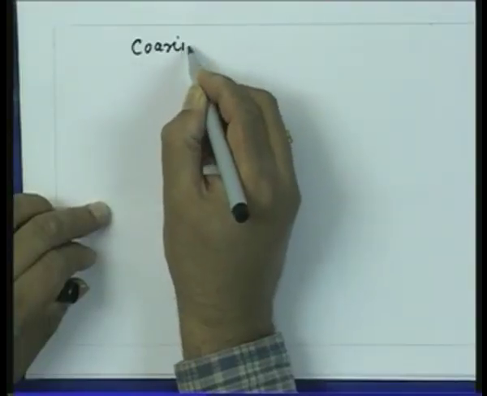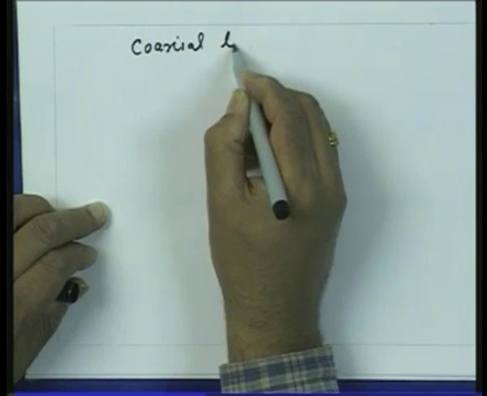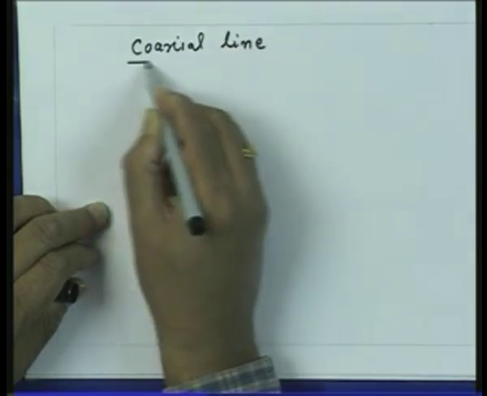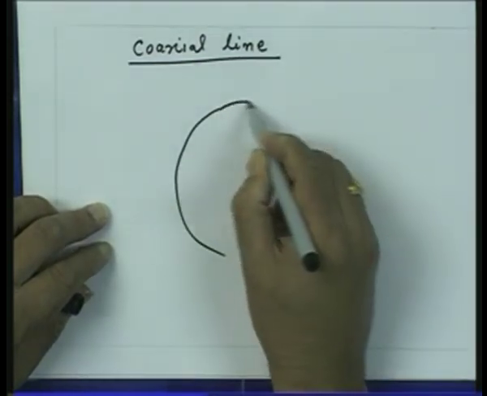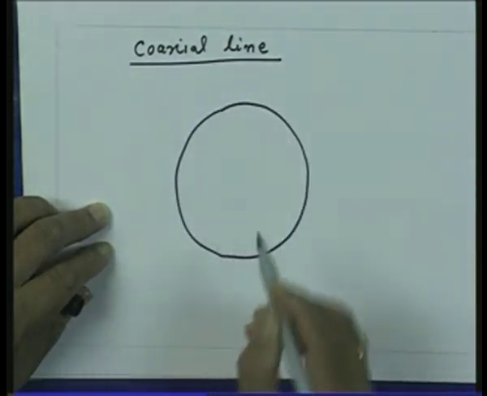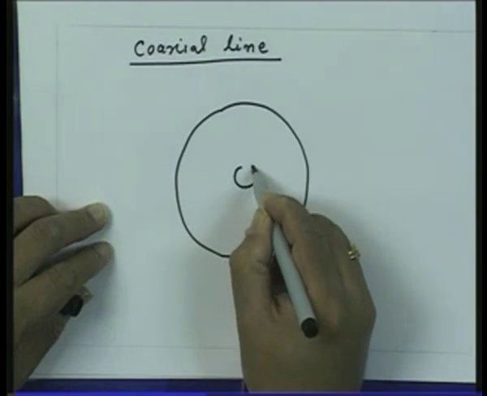So the most commonly used transmission line is the coaxial line, which is practically used for making connections between any electronic equipment. So this structure is the coaxial line, it has an outer conductor which is cylindrical and an inner conductor.